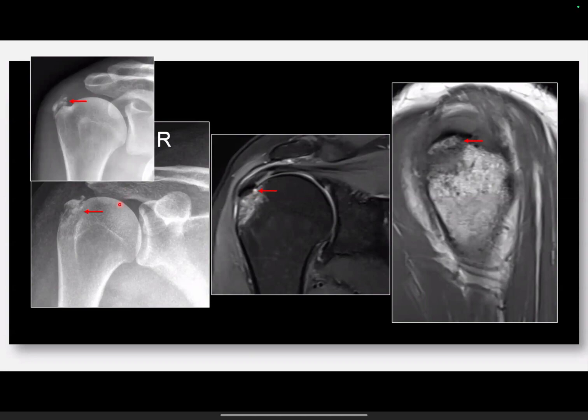On X-ray you should not mistake it for calcific tendinopathy or calcific tendinitis, because there is a cortical break here. On MR, T1 gives us an idea: you can see the avulsed fragment is not showing any calcific signal. It's showing almost the bone marrow signal of the underlying humerus. So basically this is an avulsion fracture of the greater tuberosity. T1 also confirms our diagnosis.